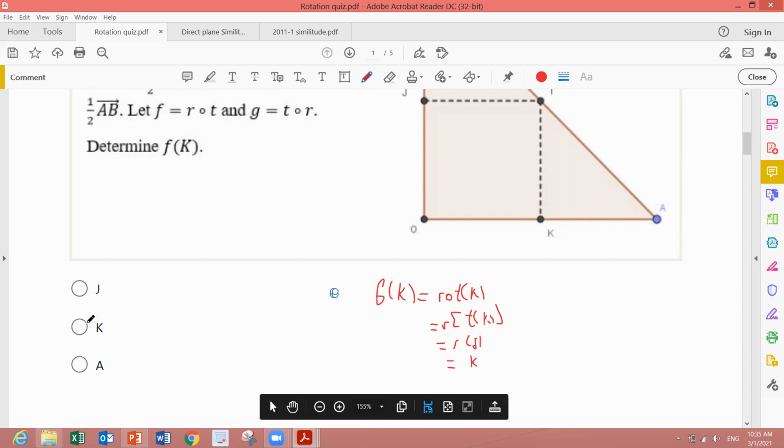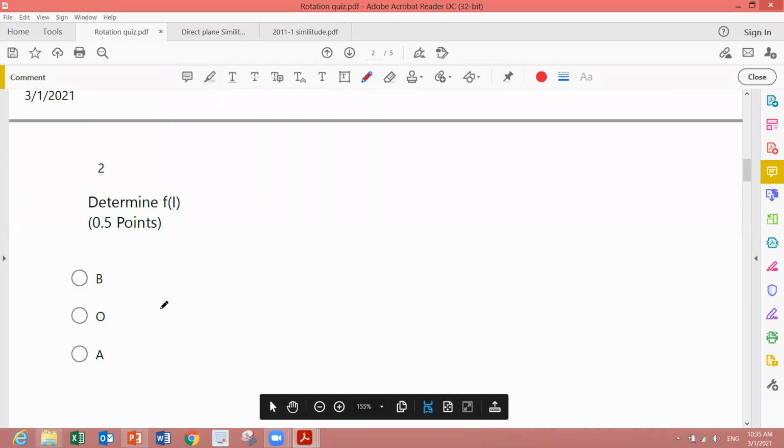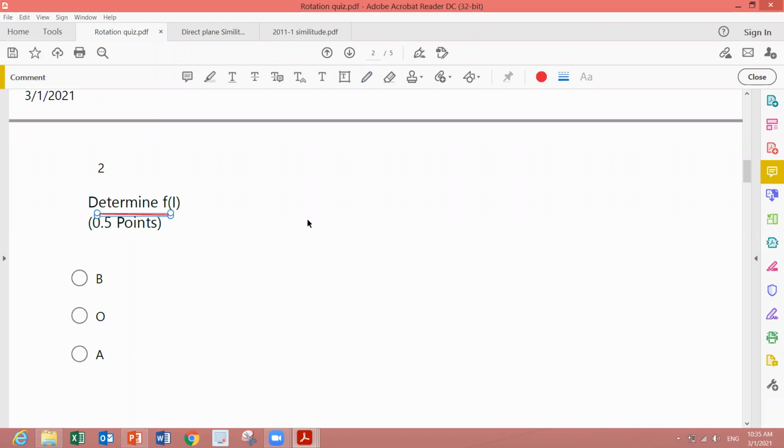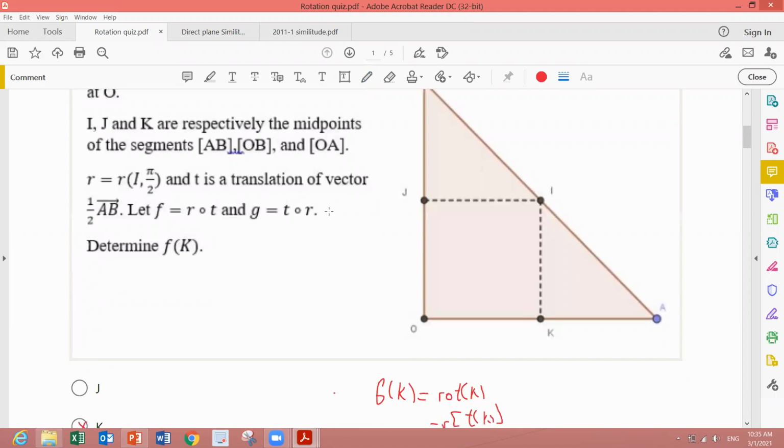Haikaz, you have to answer the second one. Determine F of I. Yeah, 1 minute.